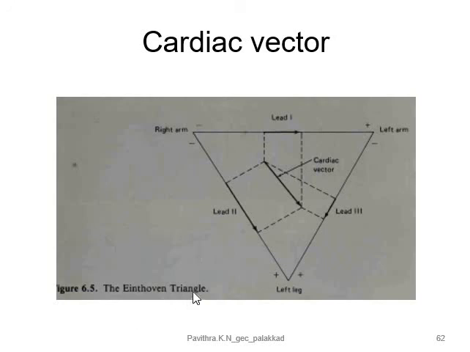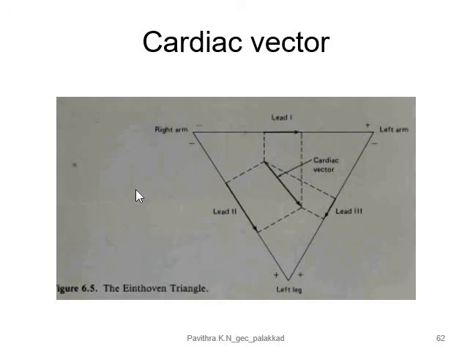Okay, so what is the concept of this cardiac vector? It is an electric field vector, and its dimension is taken as volt per meter, and this is recorded in a particular lead. The voltage recorded in a particular lead is the result of the dot product between the lead vector and the cardiac vector. In each lead, we obtain a particular voltage output.